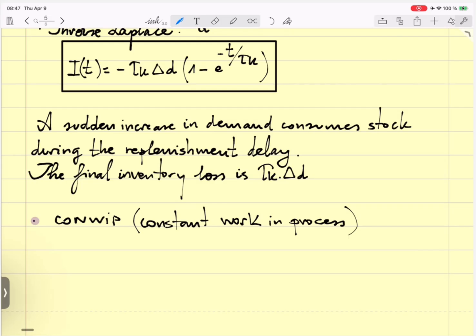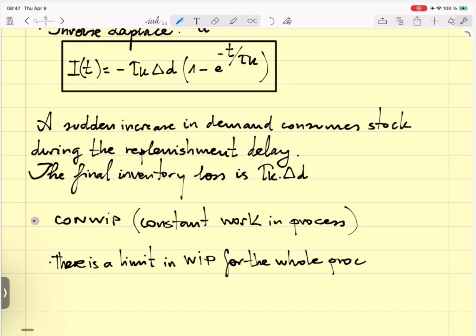In CONWIP, there is a limit in WIP, work in progress, work in process, for the whole process. Okay.